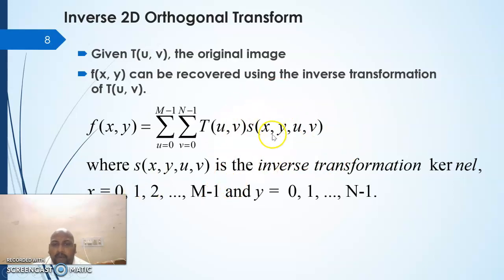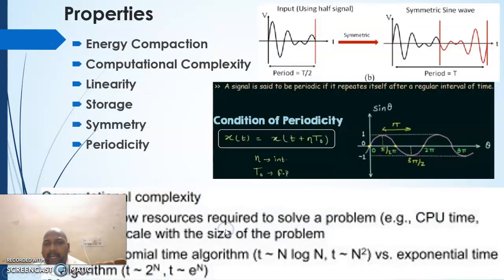The variable u changes from 0 to m minus 1 and v changes from 0 to n minus 1, and the same way x and y also vary from 0 to m minus 1 and 0 to n minus 1. So these two transformation functions we can say are an orthogonal transformation pair.